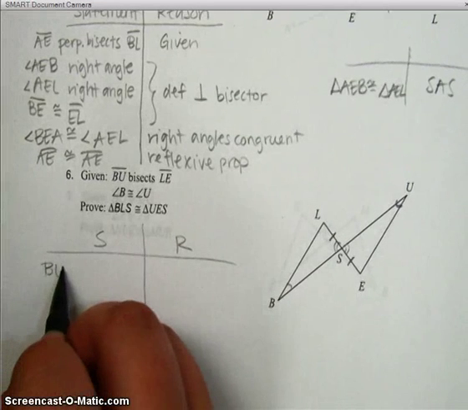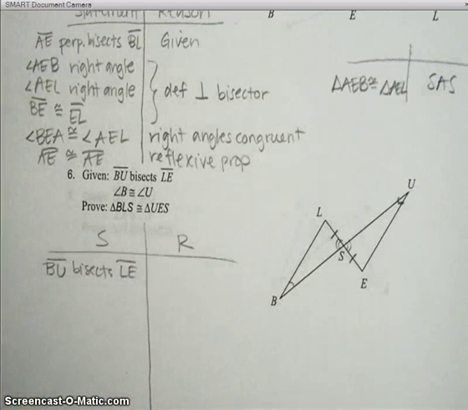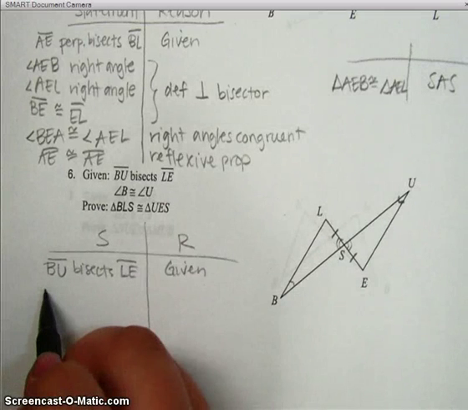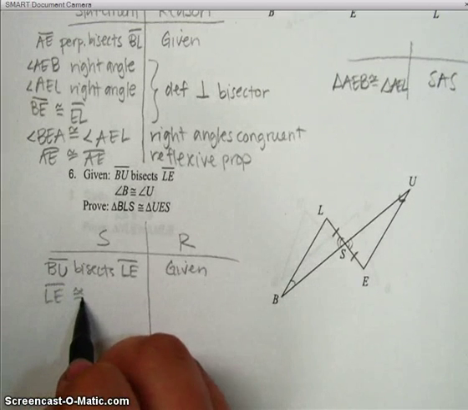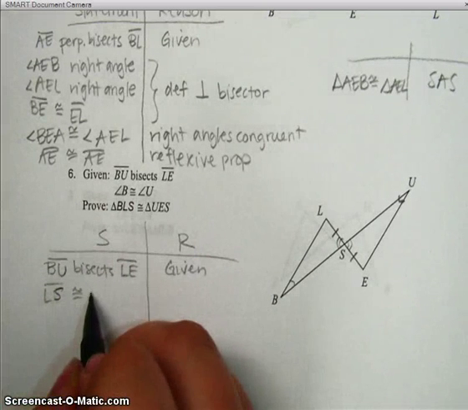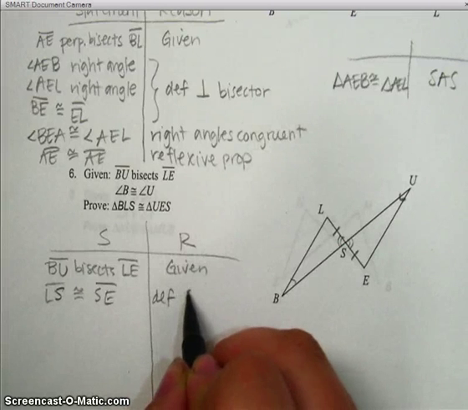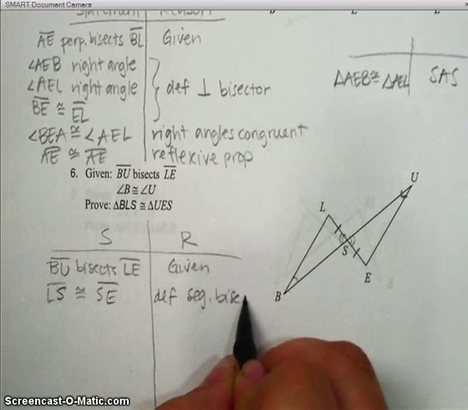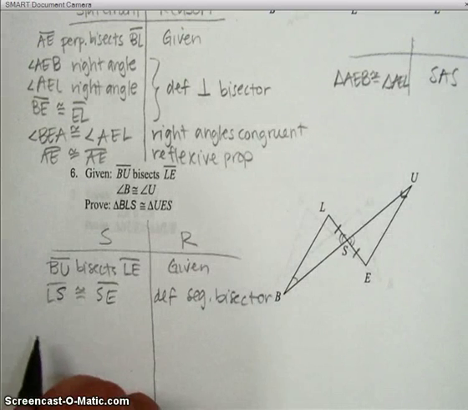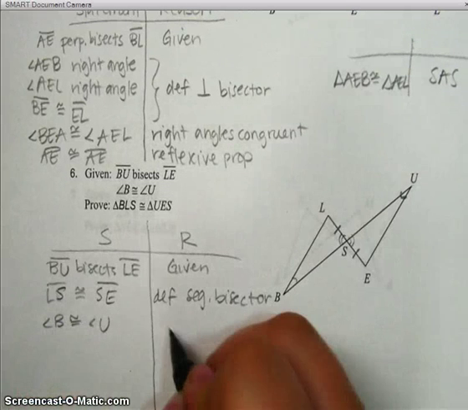And start with what we're given. BU bisects LE. That's a given. From that, we found out that LS is congruent to SE. And that's the definition of a segment bisector. And then we said angle B is congruent to angle U, and that was a given.